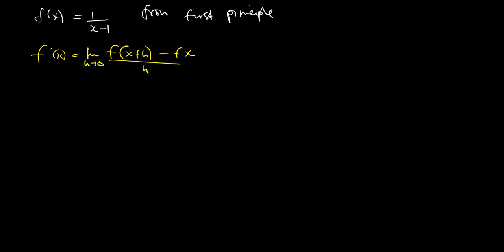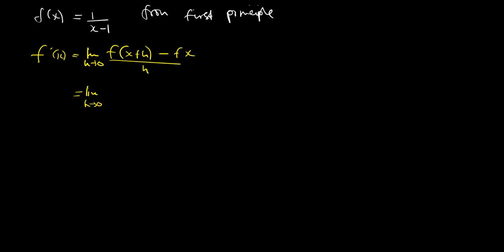We discussed this. This is the gradient, by the way, don't get confused. So then from there we replace now. So lim as h approaches 0, so I'm removing this f.